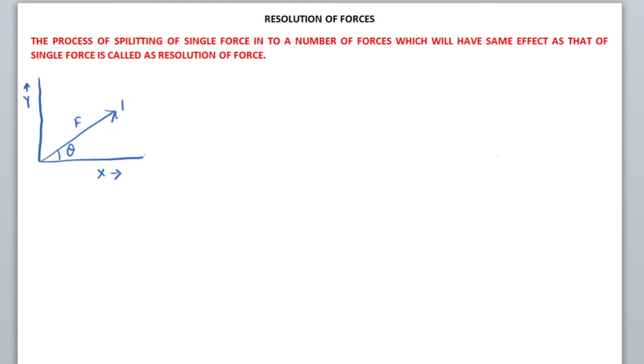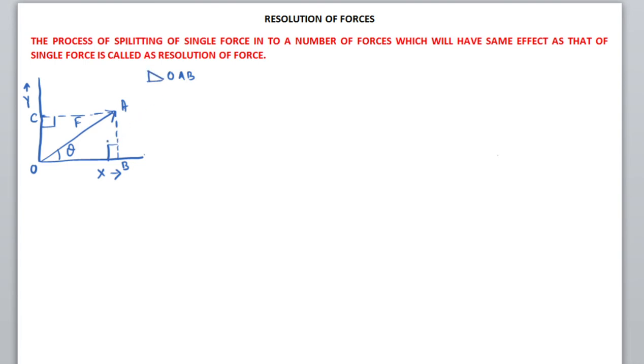So what do we do? We draw two perpendiculars, one to the x-axis and one to the y-axis. After that, you mark the points O, A, B, and C. So consider the OAB triangle, which is a right angle triangle.